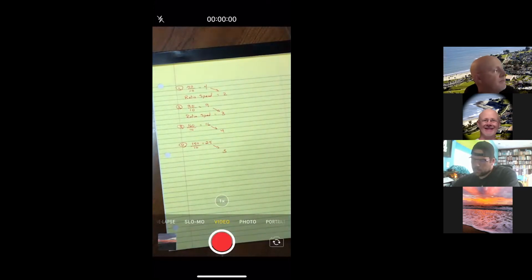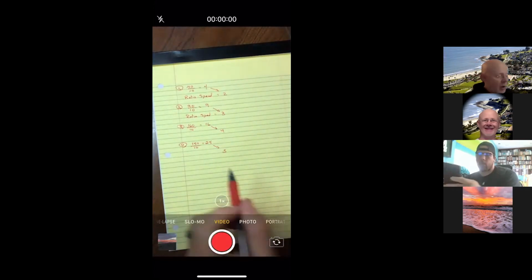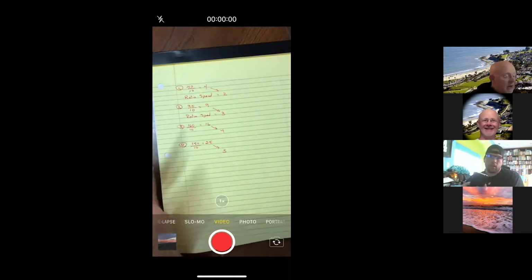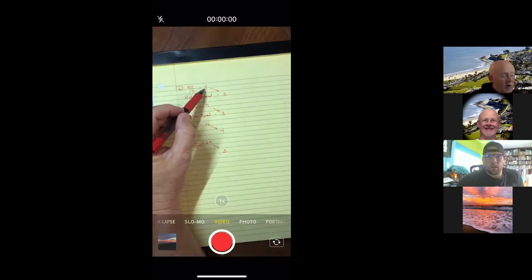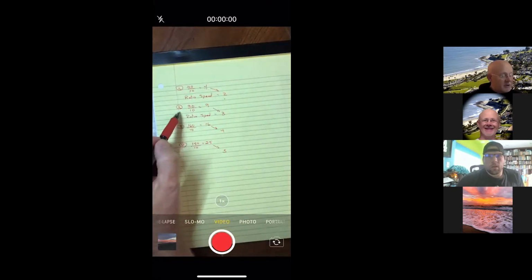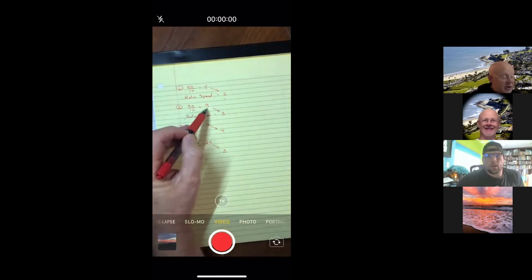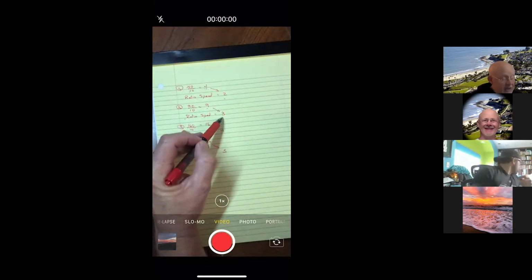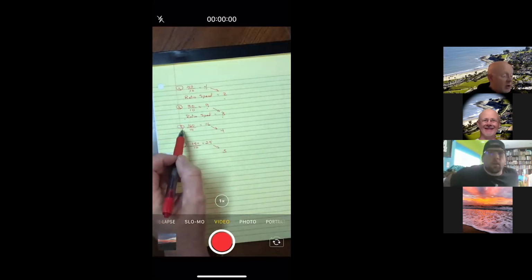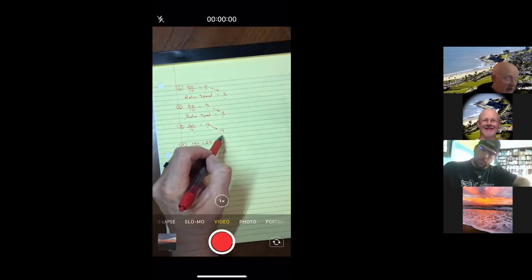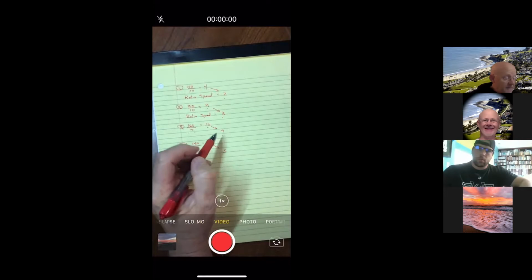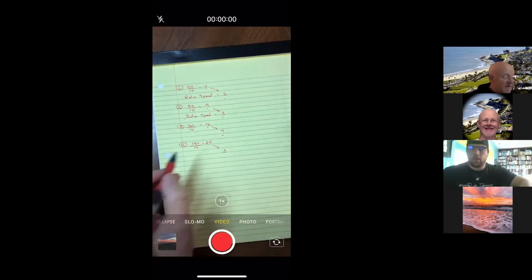So the first 4 questions, you hopefully did something like this: you saw the tension increase by a factor of 4, speed increased by a factor of 2. Then in number 2, tension increased by a factor of 9, speed increased by a factor of 3. In question 3, tension increased by a factor of 16, and the speed increased by a factor of 4.